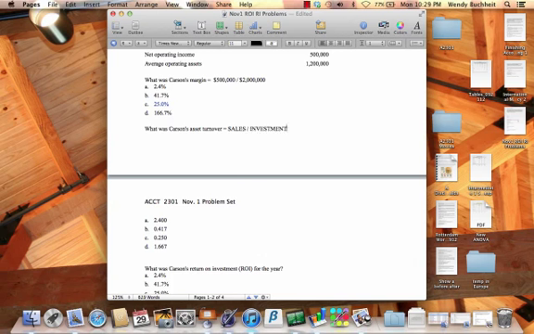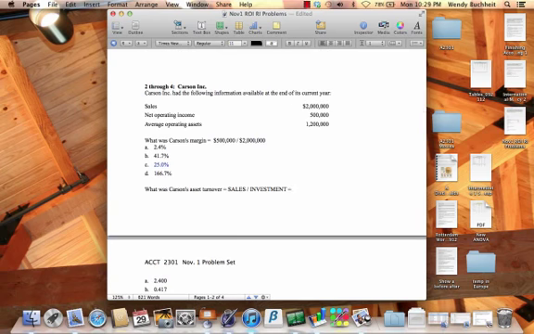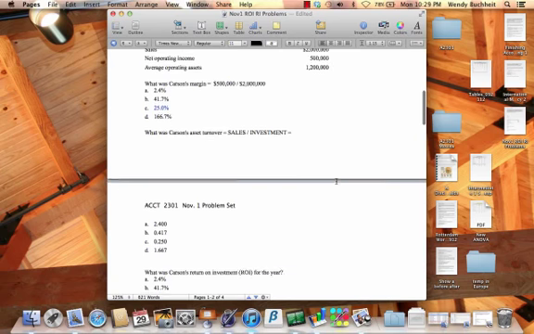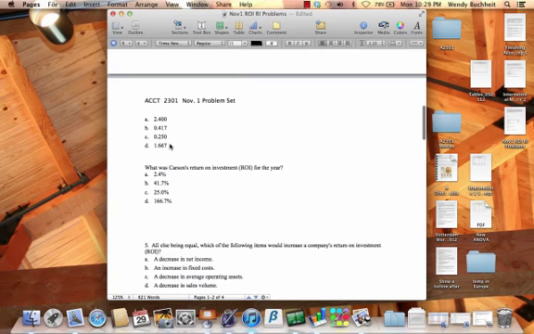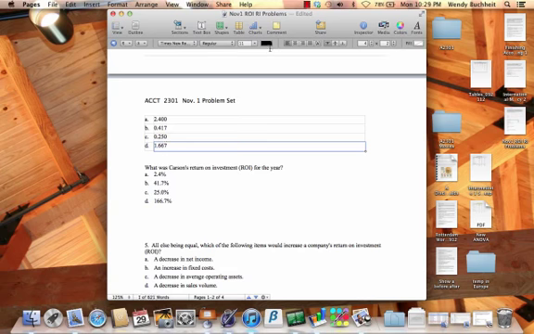Right, that's the definition of turnover. In this case, we're given sales of $2 million. Divide that by average operating assets of $1.2 million, and you will get 1.67. Right, so again, $2 million in sales divided by 1.2 million in average operating assets. 1.67 is the correct answer.